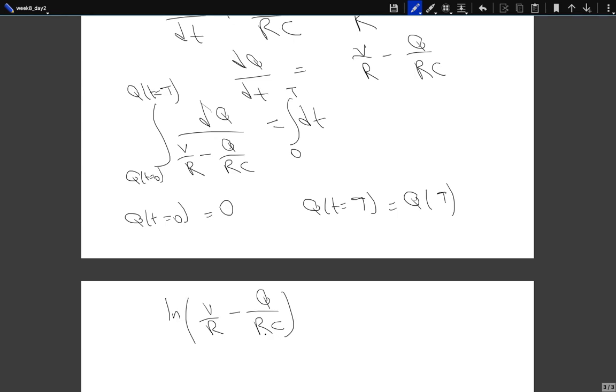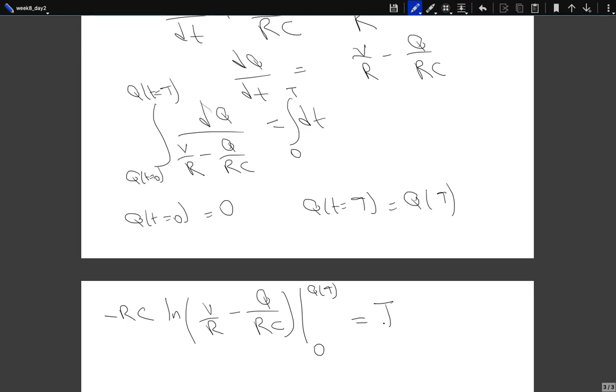If you take the derivative of this thing with respect to Q, you get 1 over this quantity multiplied by the derivative of the inside, which is minus 1 over RC. So I have to multiply it with minus RC, so that when I take the derivative of this quantity with respect to Q, I recover my integrand. Q changes from 0 up to q of T. And this should be equal to the right-hand side, which is T.